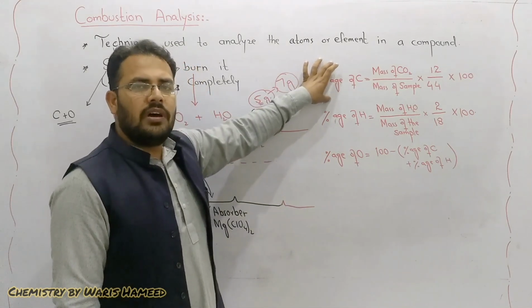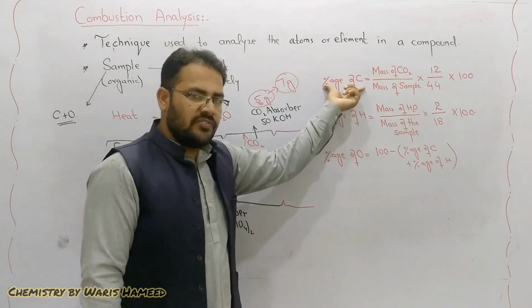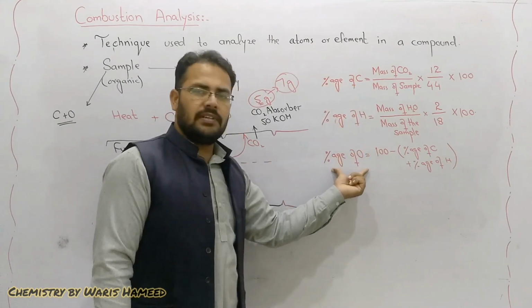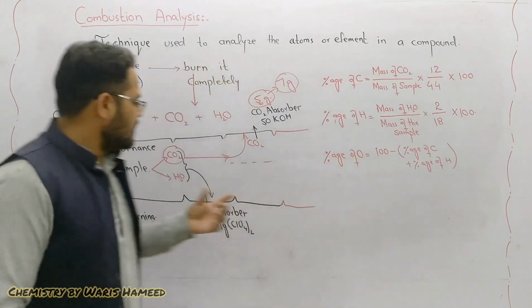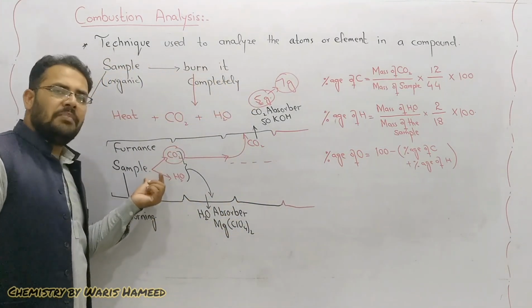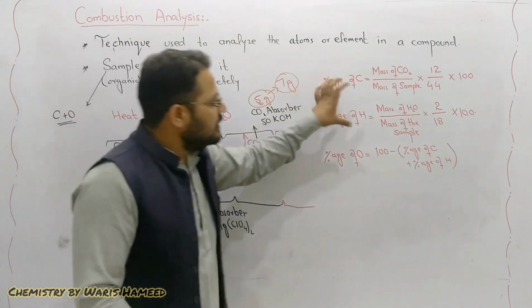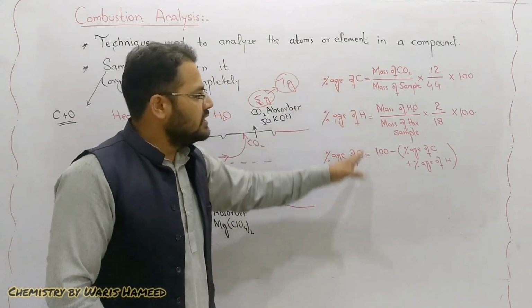With these formulas, we can calculate the percentage of carbon, hydrogen, and oxygen within a sample. This sample has a certain compound, and we can find the empirical formula by using these data.